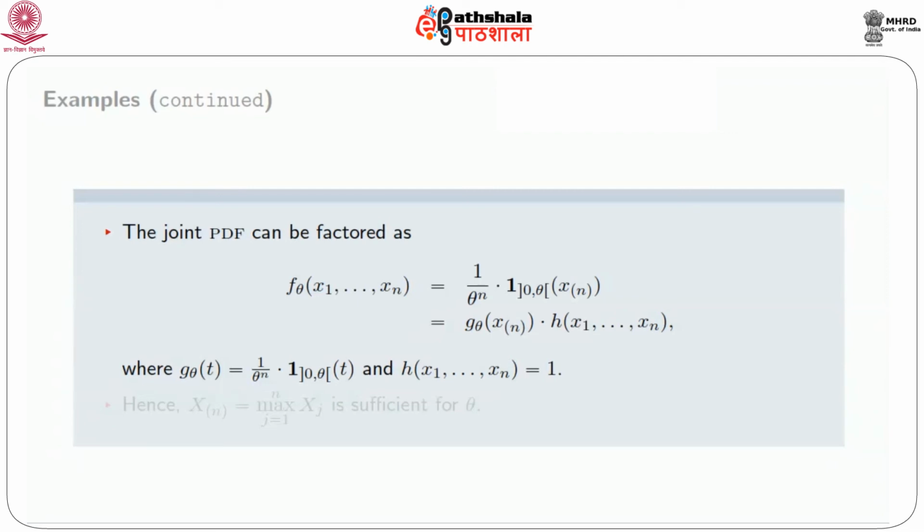We write it as g_theta(x_(n)). Therefore, if we set t equals x_(n), then we get g_theta(t) equals 1 by theta to the power n into the indicator 1_(0,theta)(t), and here we take h(x1, x2, ..., xn) equals 1. Hence x_(n), which is the maximum of x1, x2, ..., xn, is sufficient for theta.